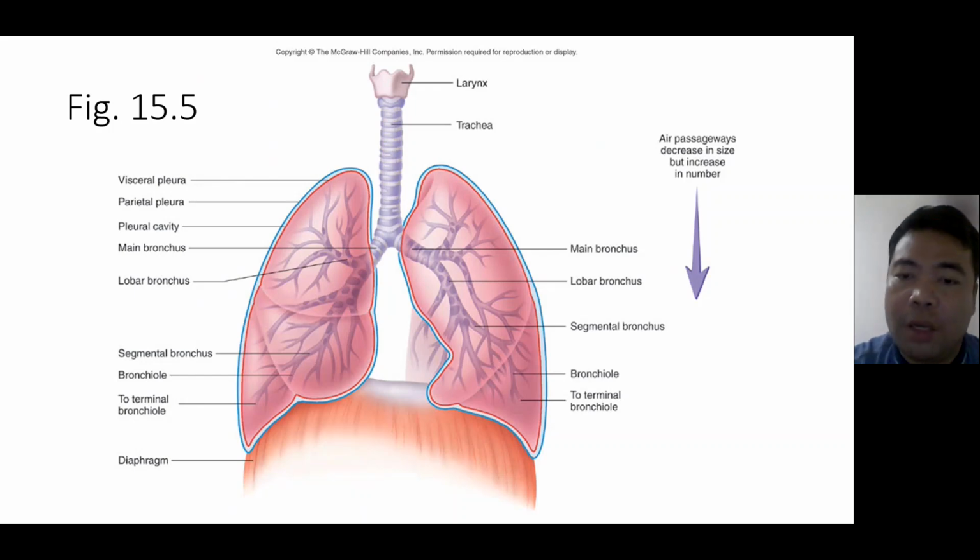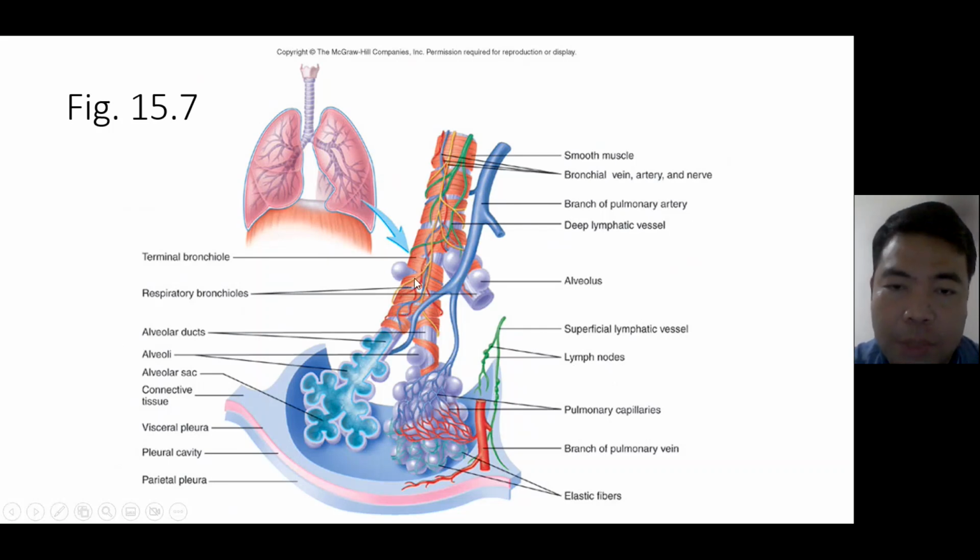But at the level of the bronchioles, as you can see, between the terminal and the respiratory bronchioles, it is made up primarily of connective tissues and smooth muscles. This colored part, the brown one, these are the smooth muscles, as you can see in the label.